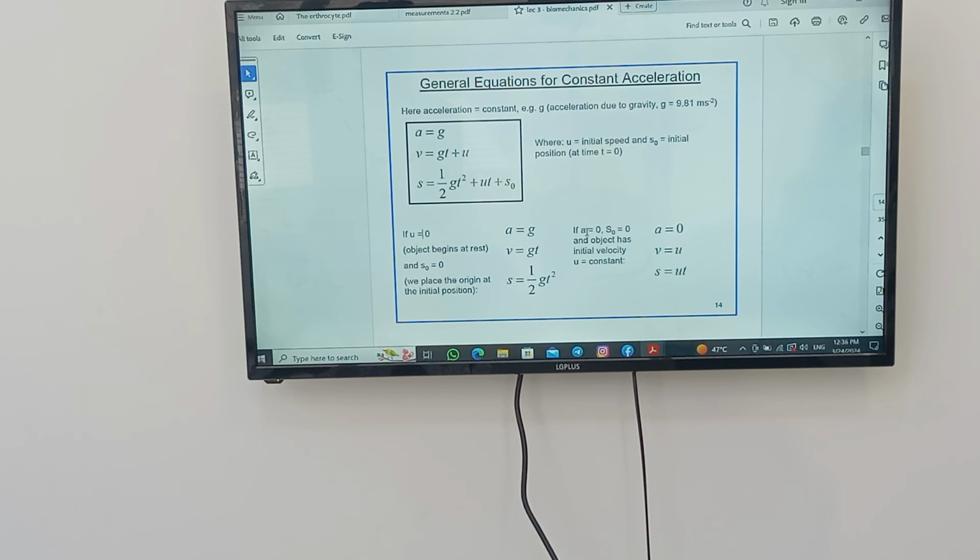If acceleration equals 0 and the initial position equals 0, and the object has an initial velocity, it means the initial velocity u is constant. Then the value of acceleration is 0. The velocity equals the initial speed, and the position equals the initial speed multiplied by time.